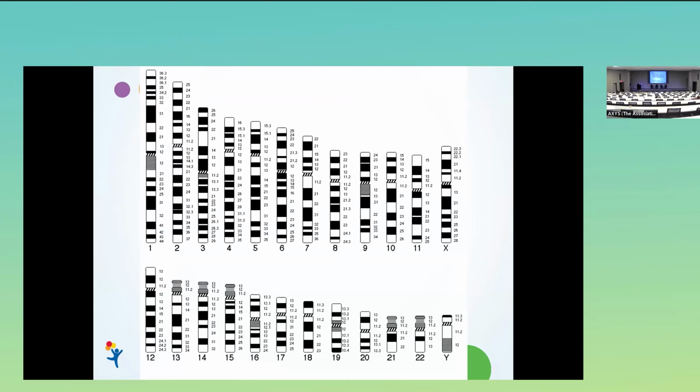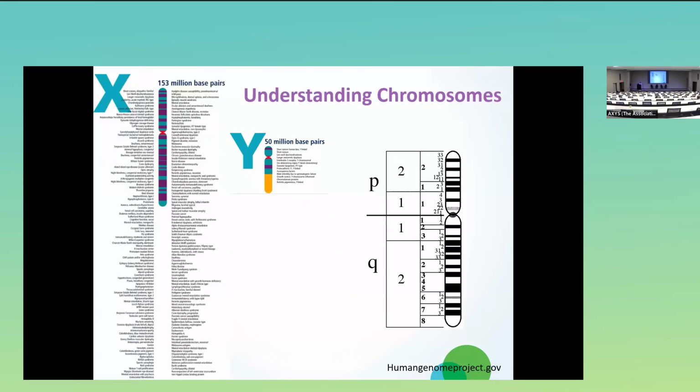You can see in this depiction that the X chromosome is relatively large. It carries a lot of DNA, especially when you compare it to the smaller chromosomes, and the Y chromosome being fairly small.